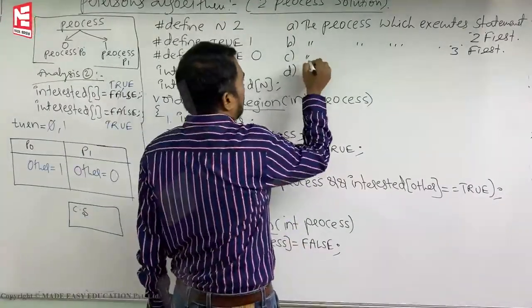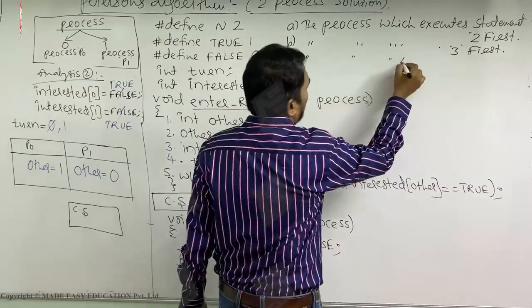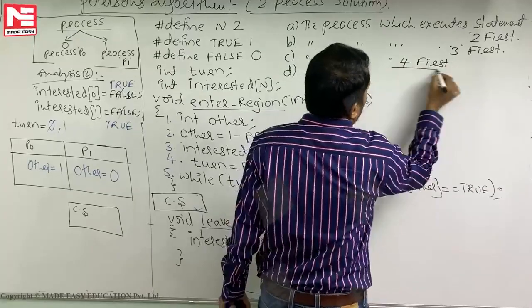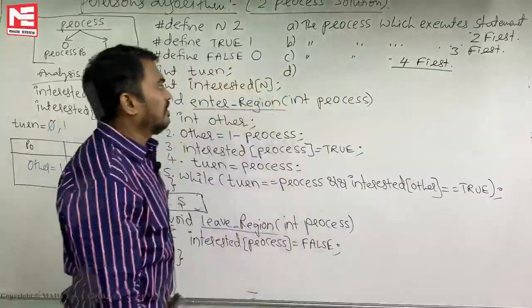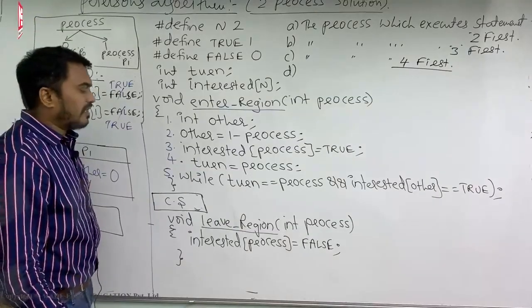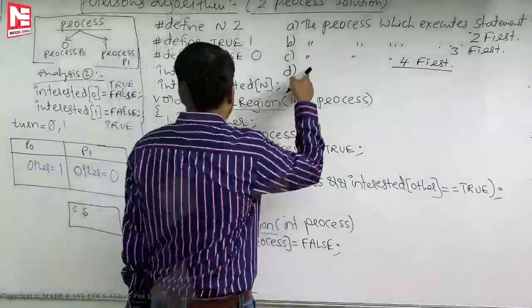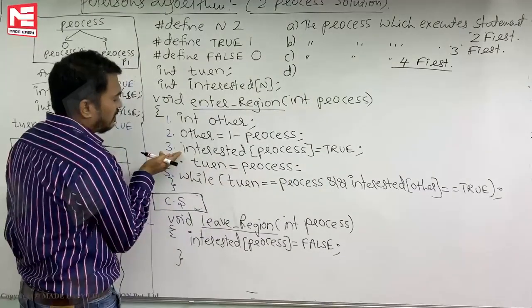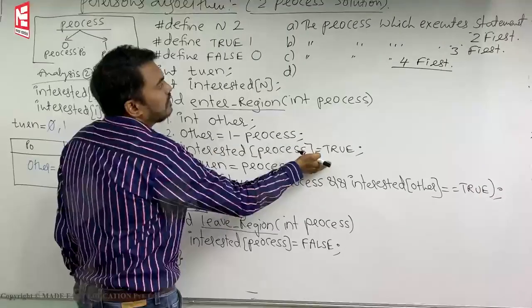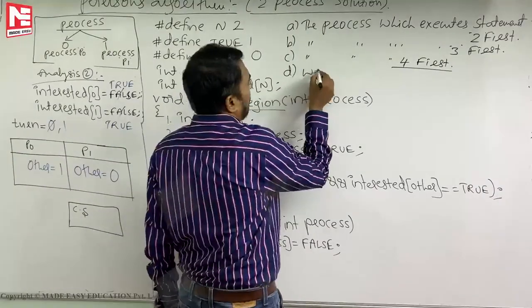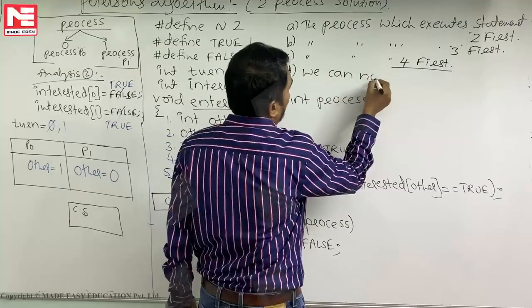Option C: the process which executes statement 4 first. Statement 4 means turn equal to process. Statement 3 means interested of process equal to true. And statement 2 is this one. And option D: we cannot say.